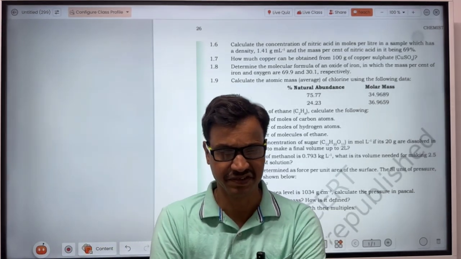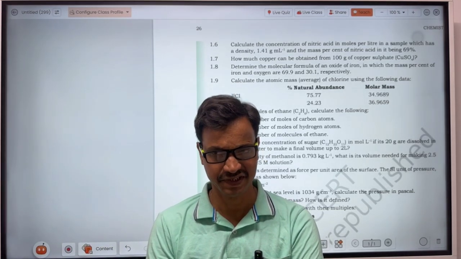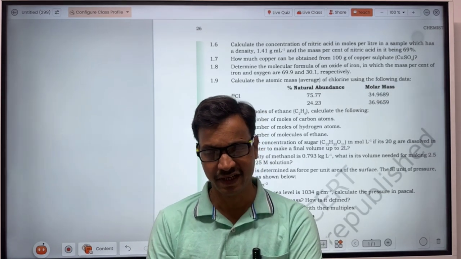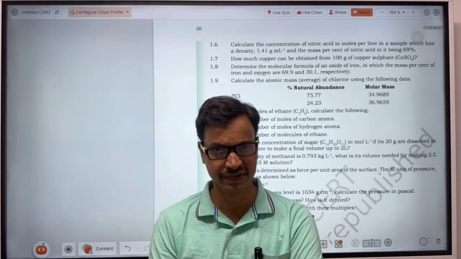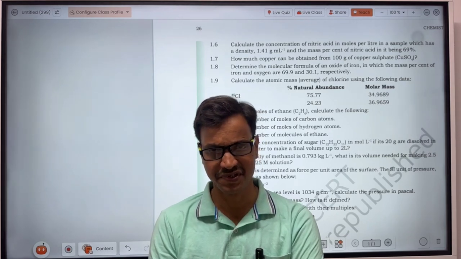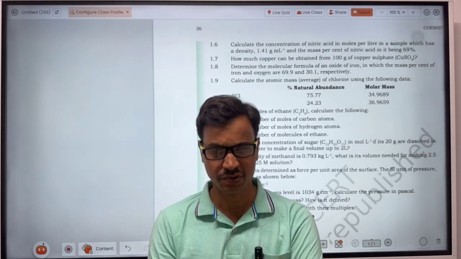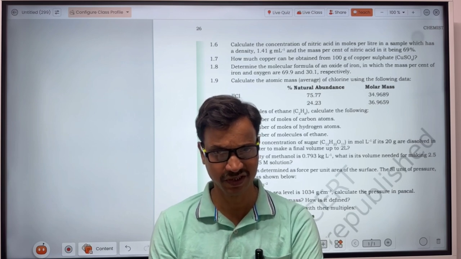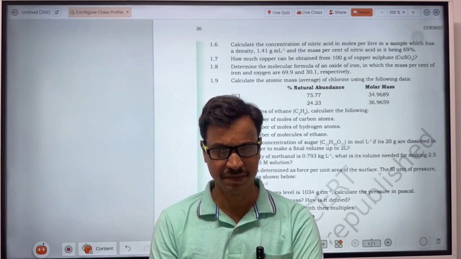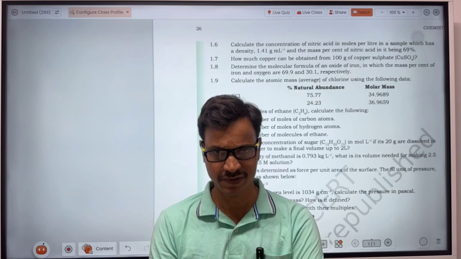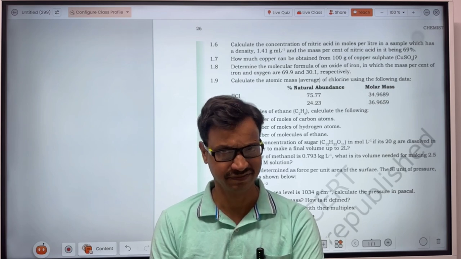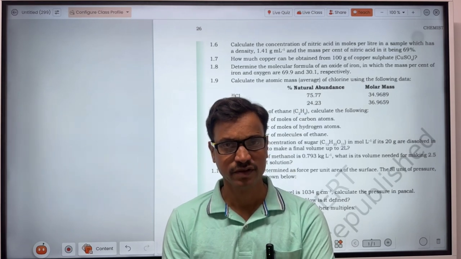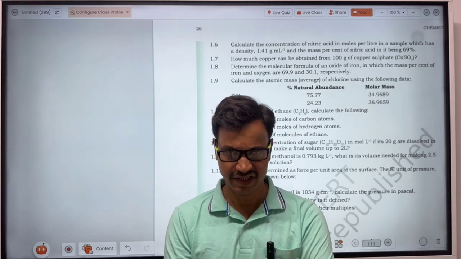The density is in gram per milliliter. So the density of the solution has been provided, and you have assumed the mass of solution as 100 gram. So what will the total volume of the solution be? You know the formula: density equals mass upon volume. Mass you have assumed, so volume you can calculate, and it will be in milliliter.